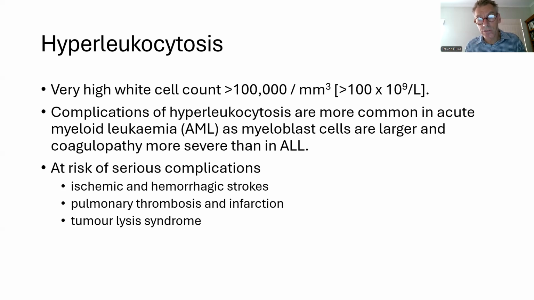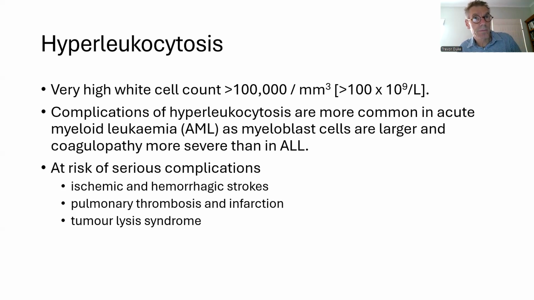There are two ways laboratories report such data, but the normal white cell count is 4 to 15, depending on the age of the patient. Patients that have more than 100 times 10 to the 9 per liter have hyperleukocytosis.